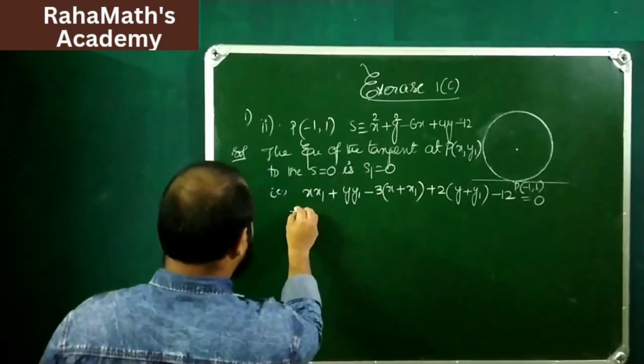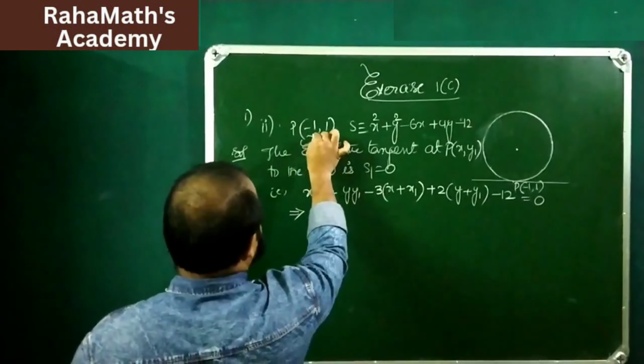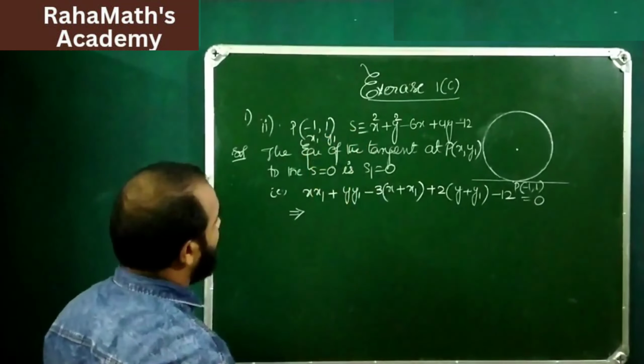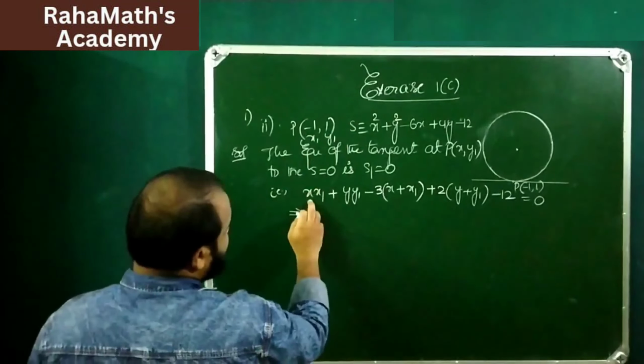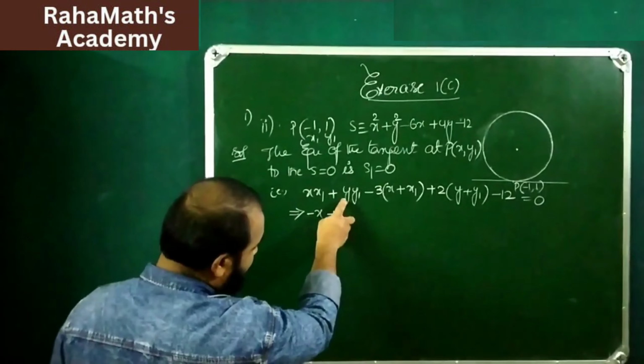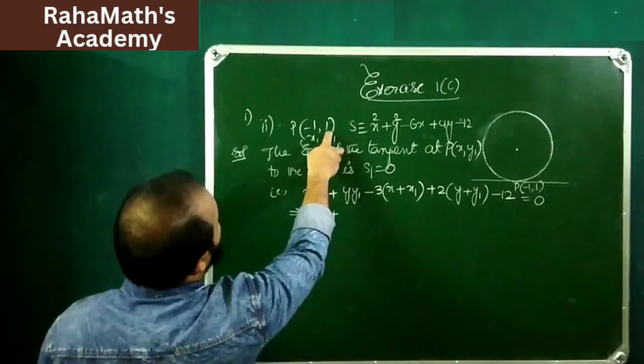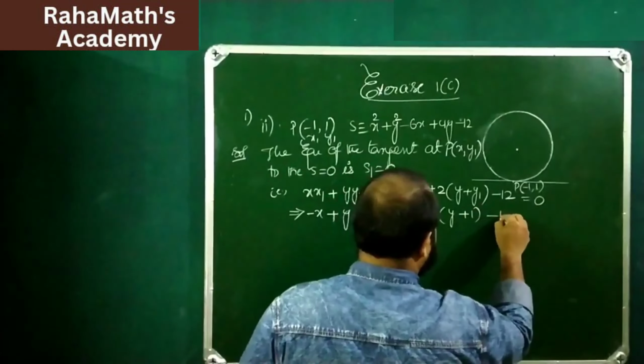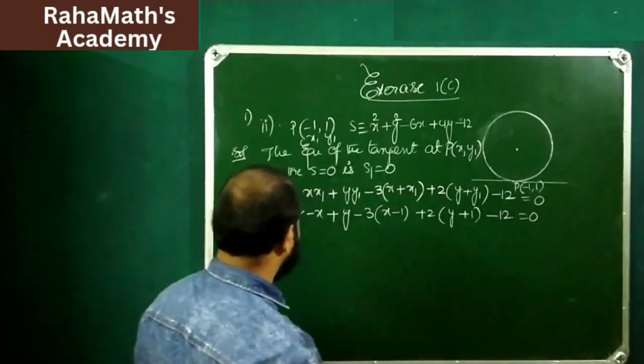So substitute. This is x1, y1. So x into minus 1, so minus x, plus y into 1, so y, minus 3 into x plus x1, which is minus 1, plus 2 into y plus y1, which is plus 1, minus 12 equals 0.